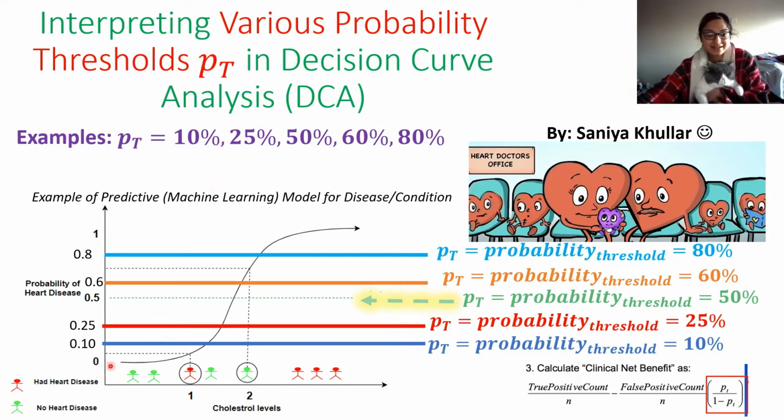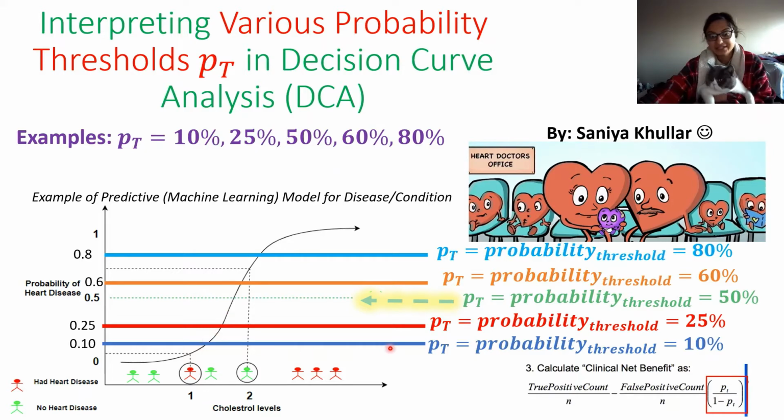But again, I'll be just talking through, for instance, if we have a logistic regression machine learning model or any machine learning model for any condition, not just heart disease. You can see these cute little hearts, but you can see that this application could be anything. And when we have probability thresholds and we are varying them, what does this mean back to back?